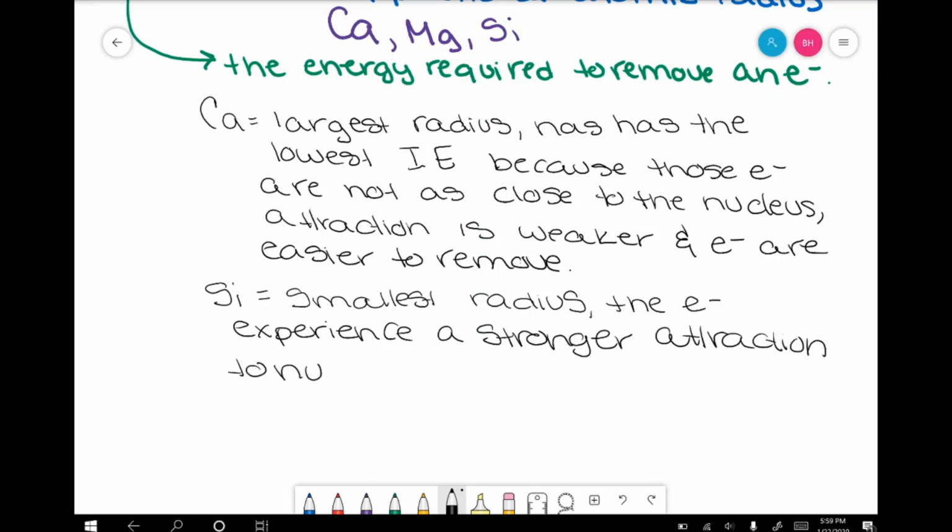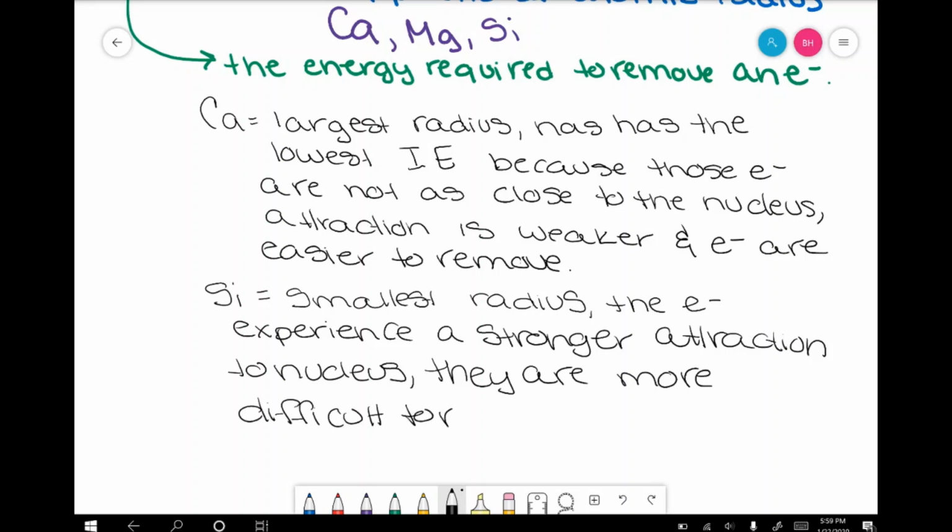And because they experience this stronger attraction, they are more difficult to remove. And if they're more difficult to remove, the ionization energy is higher.